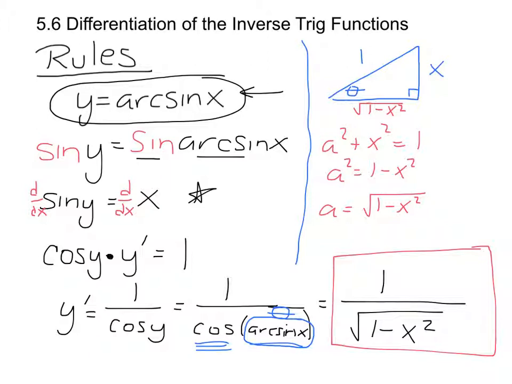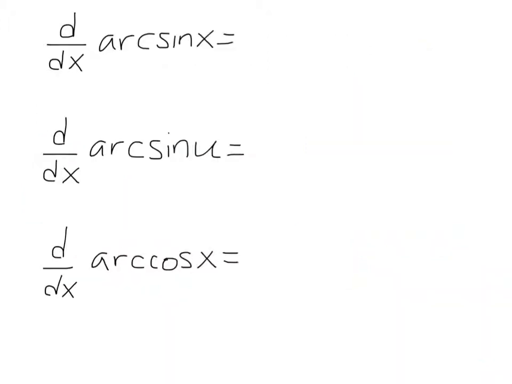But enough of the proof. Let's walk through and list all of the derivative rules. Okay, so arcsine of x, we just established, is going to be 1 over the square root of 1 minus x squared.